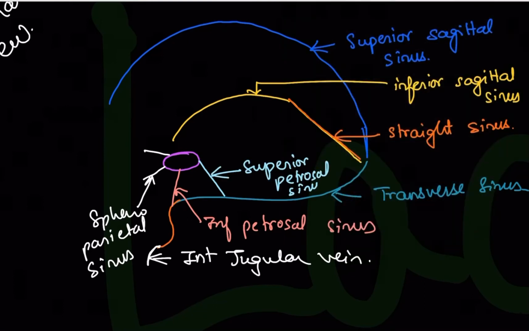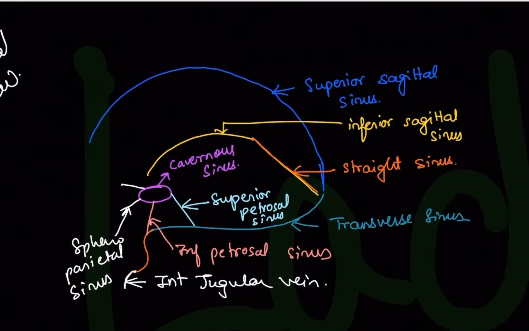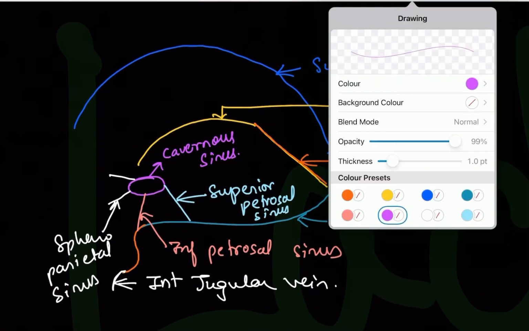So which sinuses did we do more? Superior sagittal sinus, inferior sagittal sinus, straight sinus. These were the sinuses that I didn't cover when we were doing the basal view. That's why I made this diagram. This is also a simplified version. And there is one very important thing that we are forgetting. This is the cavernous sinus. Understood? So this was the simplified view of it, and there's one thing that I have forgotten.